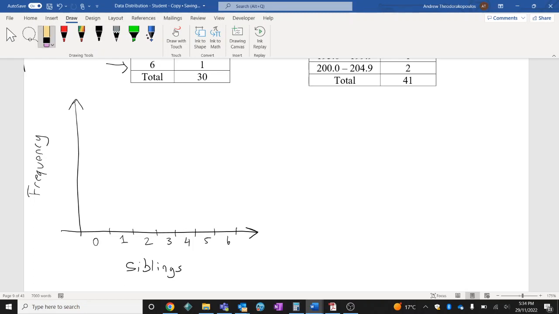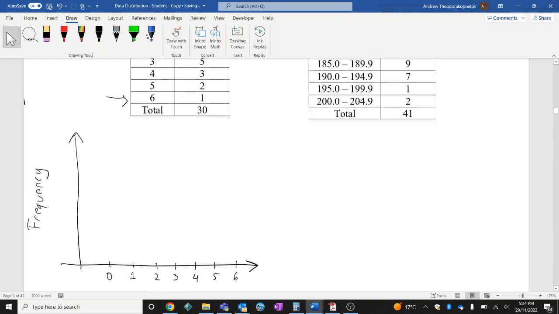But just to make sure this is perfect, what you actually want to do is put your numbers just underneath that mark. So it should be more like this. Sorry if you have to rub that out and fix it up, but it should be looking like that, where the numbers are underneath the marks.